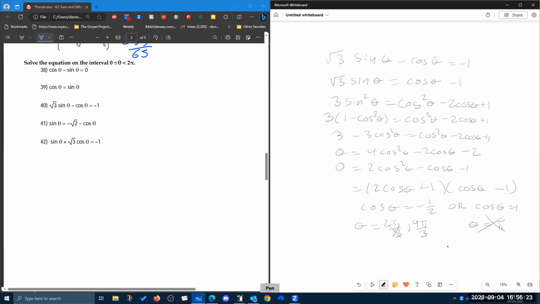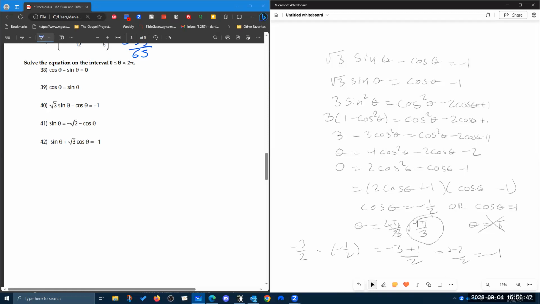And let's try 4 pi over 3, which gives me a sine value of negative root 3 over 2. So this is a negative 3 halves. And it'll also have a negative cosine value of negative 1/2. So that's a negative 3 plus 1 over 2, which is a negative 2 over 2, which is a negative 1.